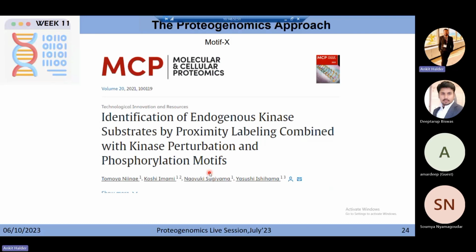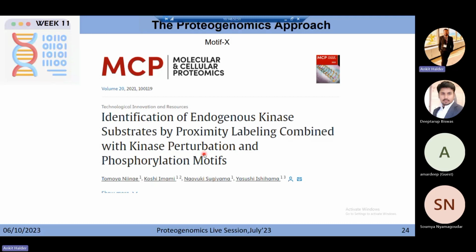Next, I have given this example where you can find endogenous kinase substrates by proximity labeling combined with kinase perturbations and phosphorylation motifs. If you want to explore and learn much more about it, you can definitely go and explore this paper to see how they found the kinase substrates, the kinase perturbations, and the phosphorylation motif.